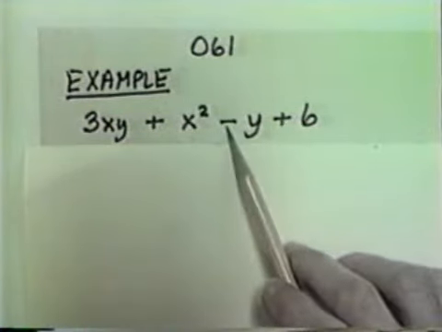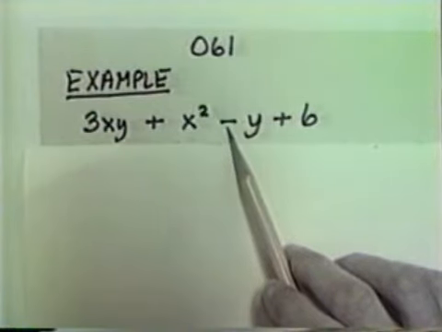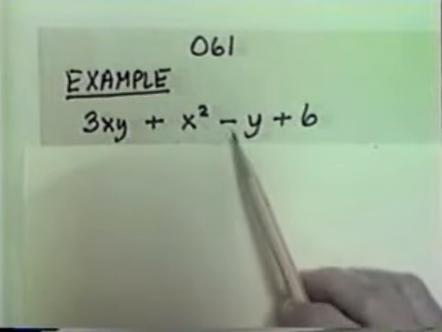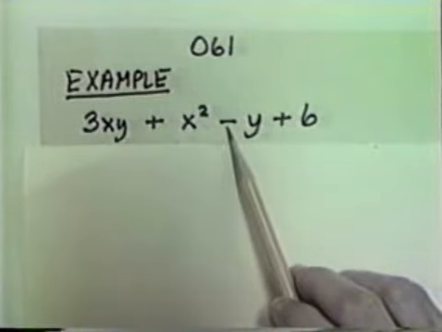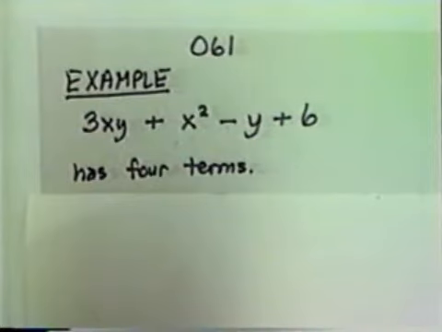What about subtraction? Well, we know that to subtract an expression, we add its opposite. And so, we can think of this as, in disguise, add the opposite of y, which means that we have 4 terms. 3xy plus x squared minus y plus 6 has 4 terms.